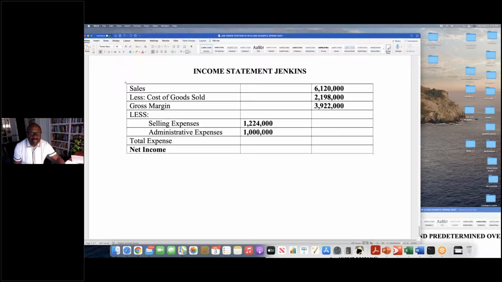So total expenses would be what? 2 million. And what's our net income? $1,698,000. And we're done.